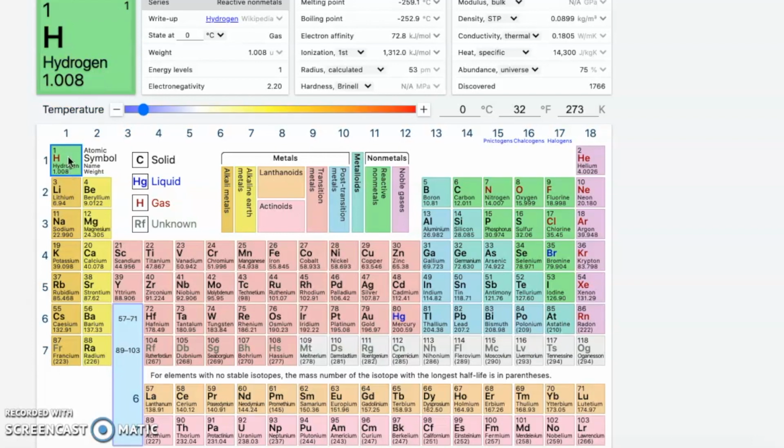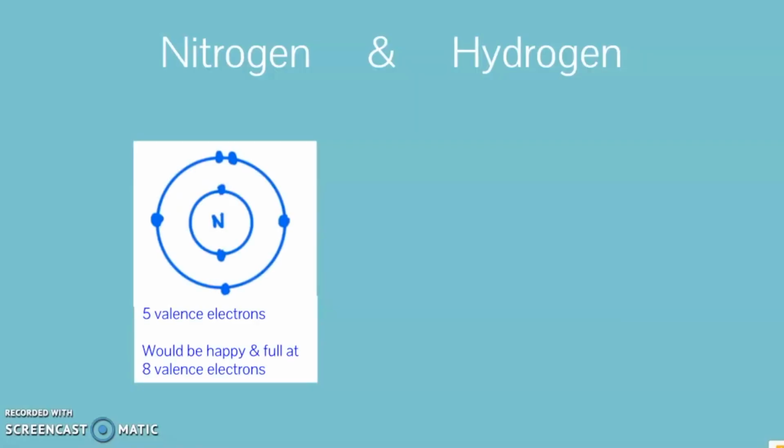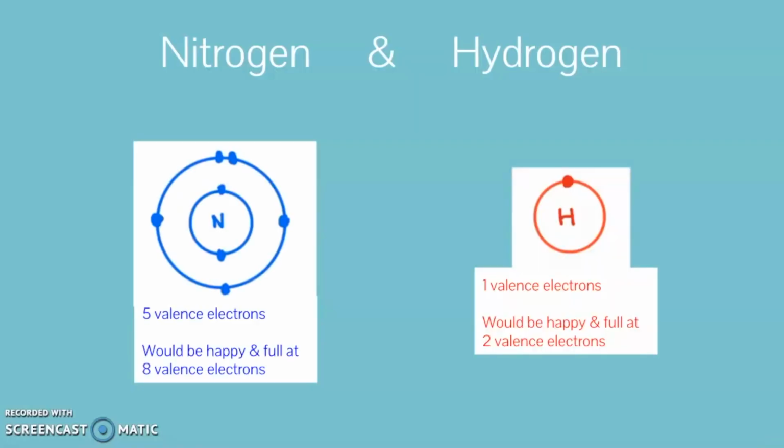I'm also noticing that hydrogen falls into group 1, meaning that that 1 electron would be the valence electron. So I'm going to draw the Bohr model for hydrogen. There's my 1 electron total, 1 valence electron, just reminding myself that hydrogen, since it only has 1, the first energy level, will be happy and full at 2 valence electrons.